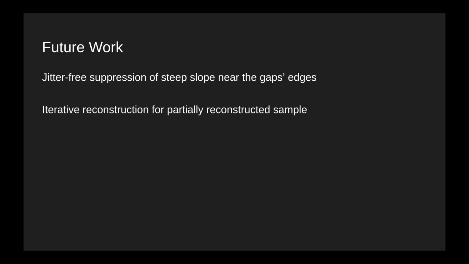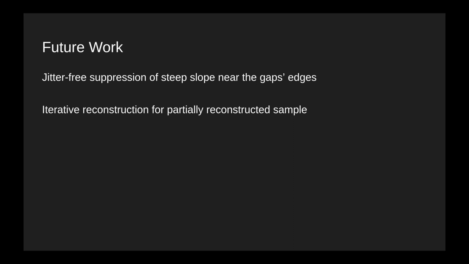For future work, we will focus on jitter-free suppression of steep slope near the gap's edges. Where the gaps end, there might be sudden jumps, so we are trying to reduce that and get a jitter-free output. Then we have an iterative reconstruction for partially reconstructed samples.